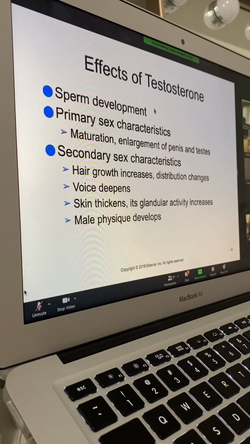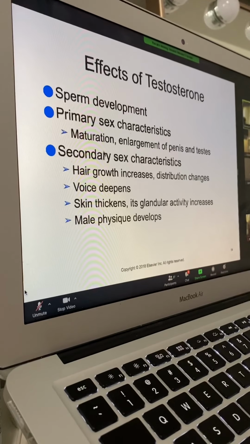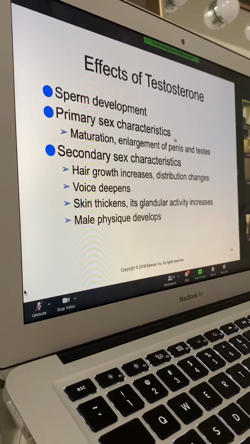Now we go to the effects of testosterone. Effects of testosterone: it helps in the sperm development and development of primary sex characteristics in male, enlargement of the penis and the testes.